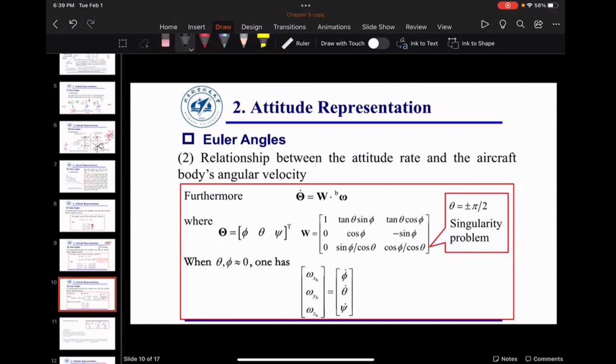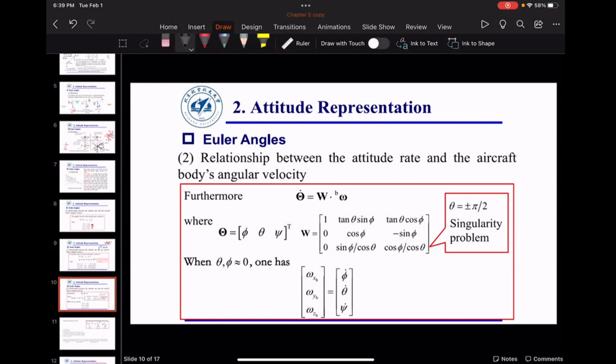Omega xb is the angular velocity about the aircraft's own x. Omega yb is the angular velocity about the aircraft's own y, and omega zb is the angular velocity about the aircraft's own z. And the capital theta, that's with respect to the ground, right?